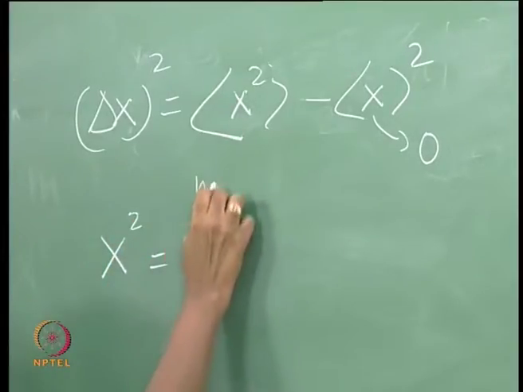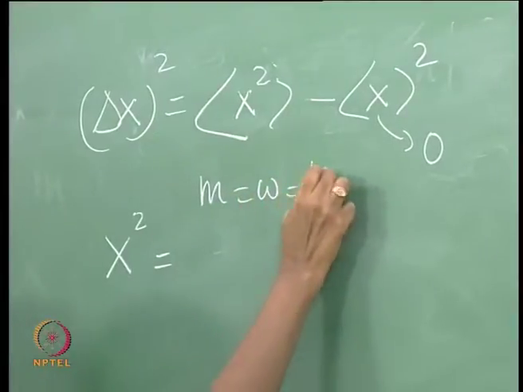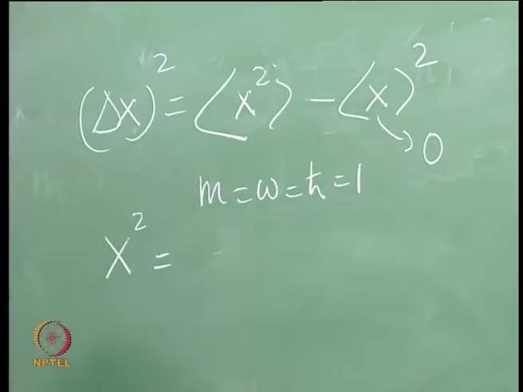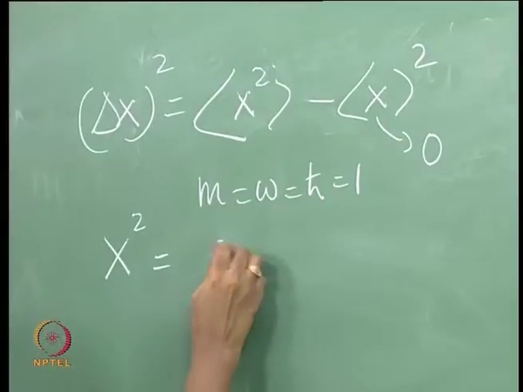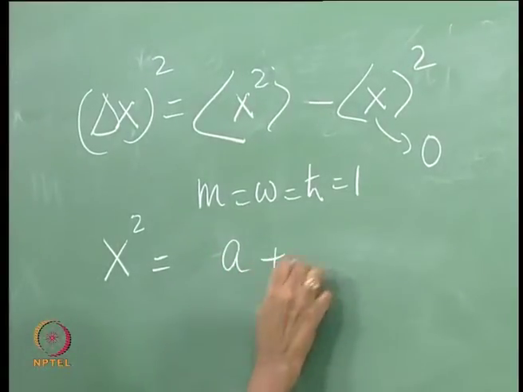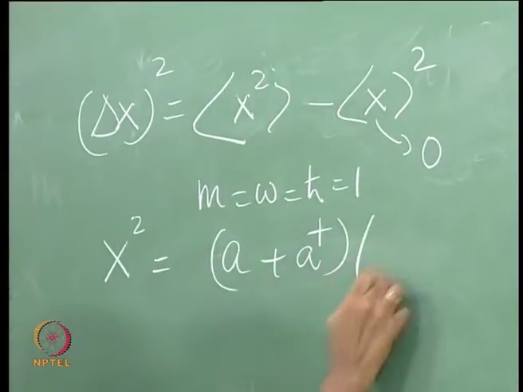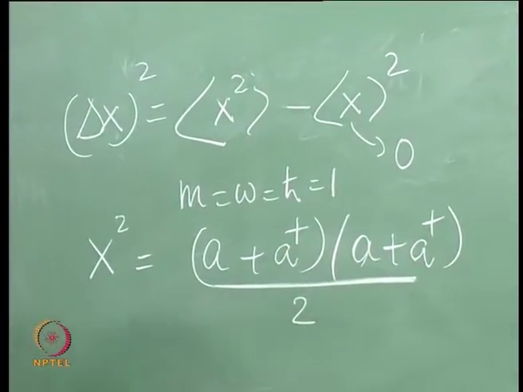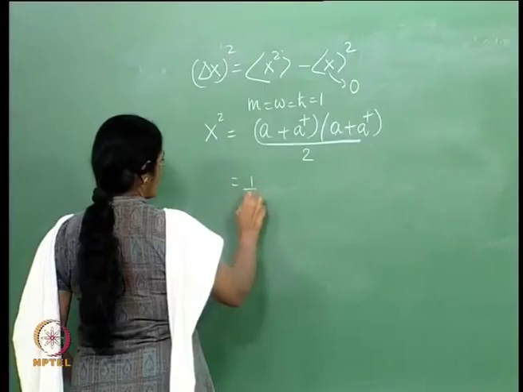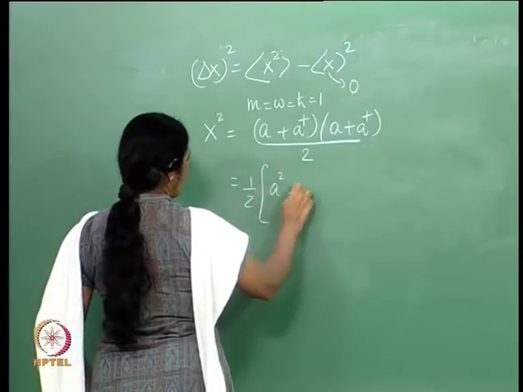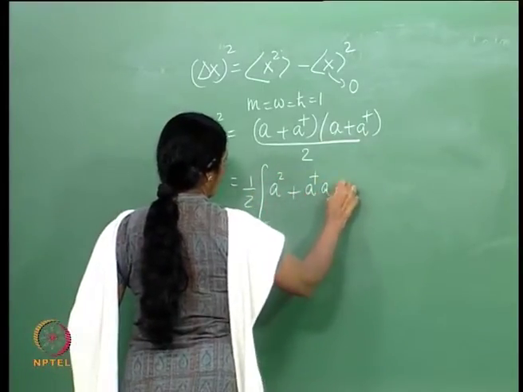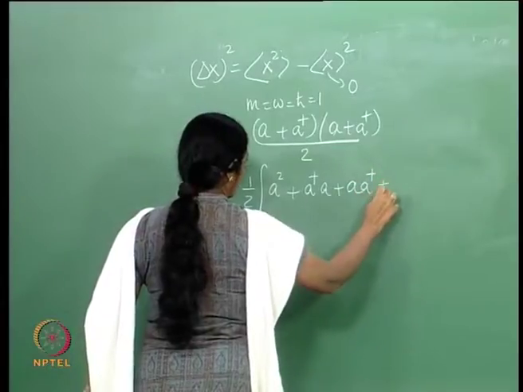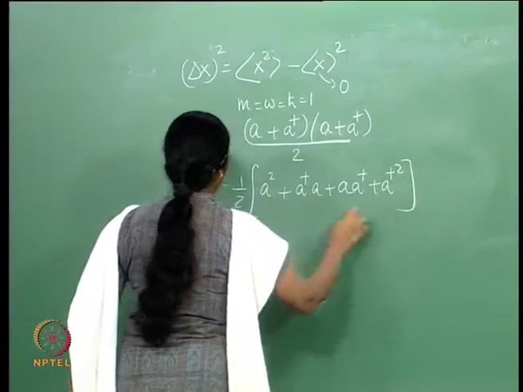X squared in units where m, omega and h cross are 1 is simply a plus a dagger the whole squared by 2, which is a half a squared plus a dagger a plus a a dagger plus a dagger squared.